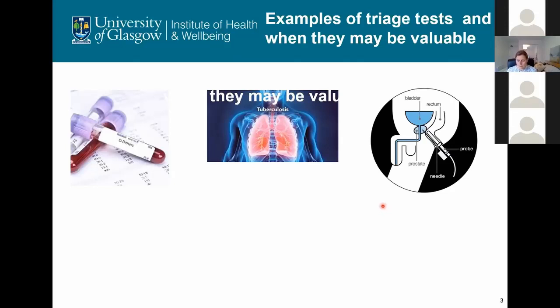And then finally, as an example of where a triage test might be useful, one of the other case studies from my PhD was looking at the use of a blood test after the PSA test, which many of you will know has a very high false positives rate in prostate cancer. In Hong Kong, where this study was based, you went straight from a PSA test to a biopsy, and then biopsy is expensive, has some nasty side effects, which are also expensive to treat.